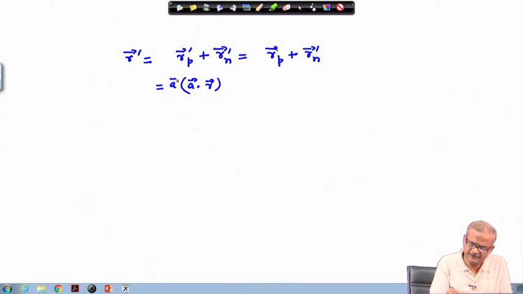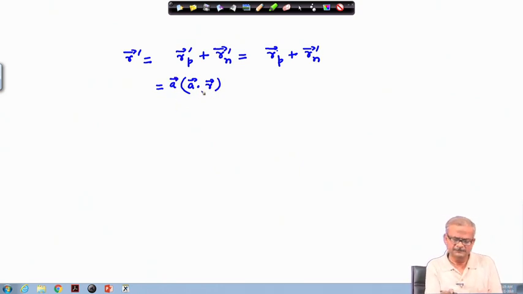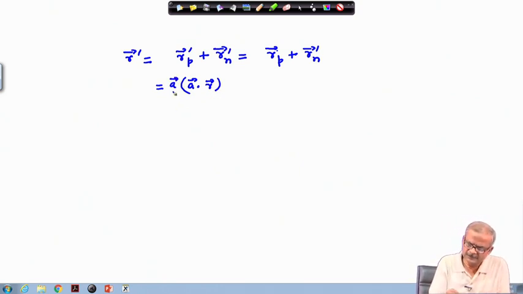So, this already we have written, either you write in vector notation or matrix notation, it does not matter. So, here we are using the vector notation. So, this is this part, and this part already we have written.